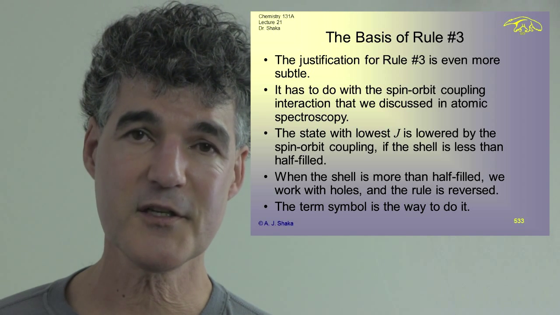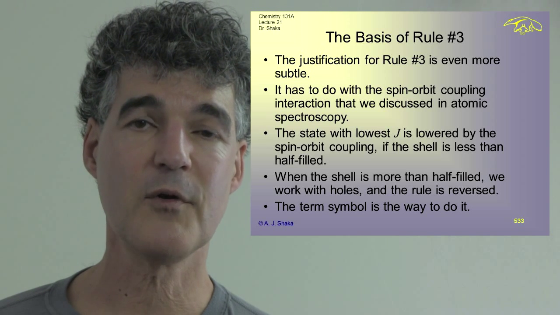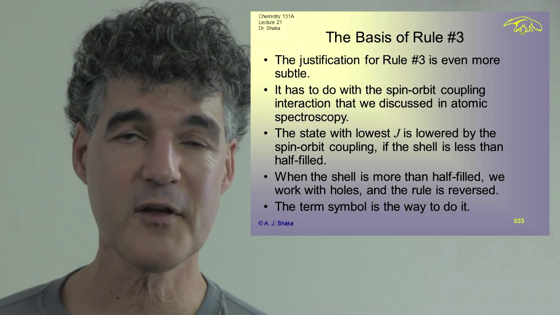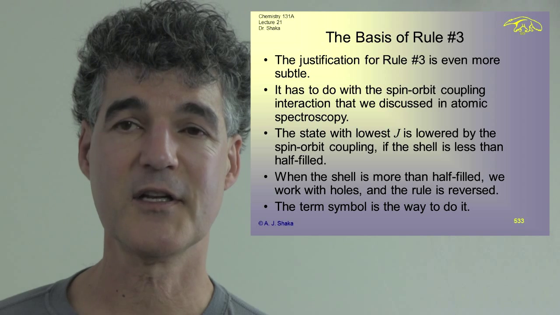A configuration of electrons gives rise to certain terms. The terms are what you want to know, because the term symbol is going to tell you what ground state of the atom you've actually got.